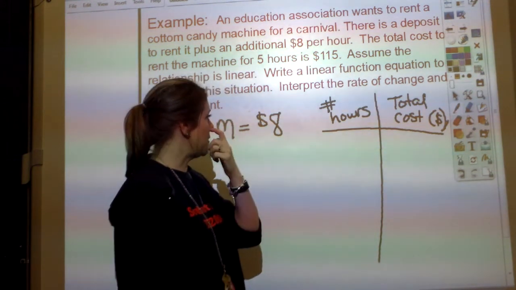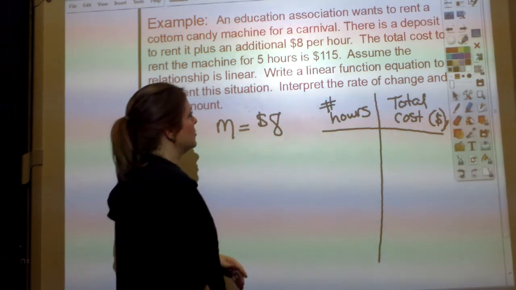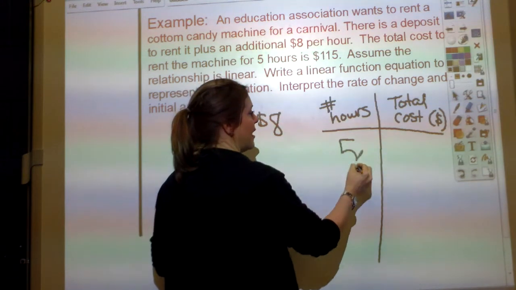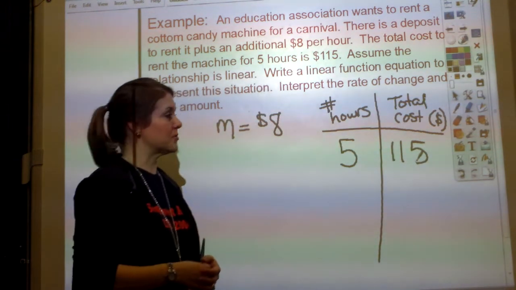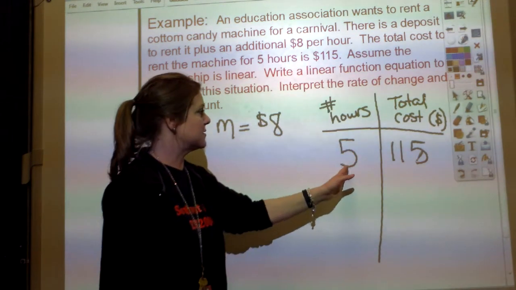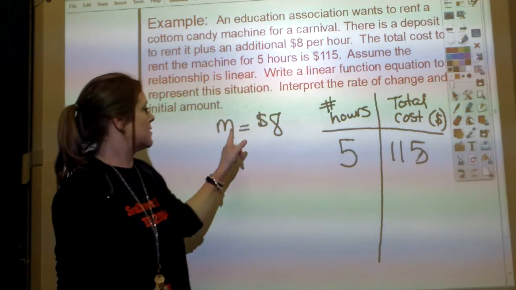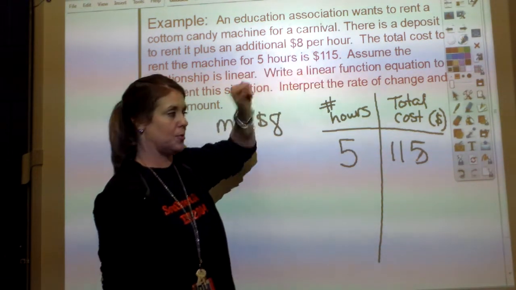So the total hours will be that independent, or that x. So what they're giving us is an ordered pair: 5 hours means we're going to have to pay $115. So they gave us an x and they gave us a y. Now they also gave us that m value because they gave us that rate of change, $8 per hour.